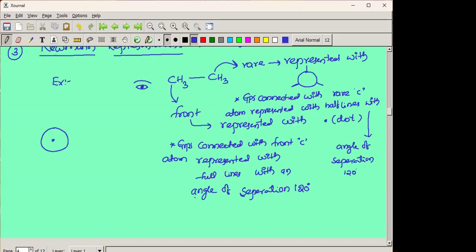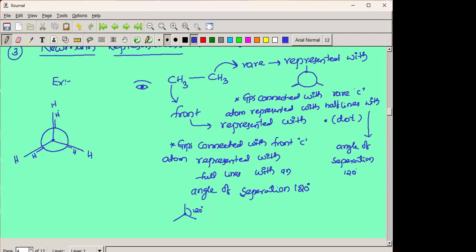For the front carbon atom, the groups are represented with full lines at an angle of separation of 120 degrees, with the three hydrogens like this. The rear carbon atom is also with hydrogens, represented with half lines. So this is about the representation.